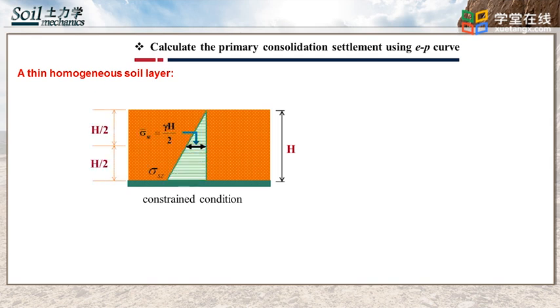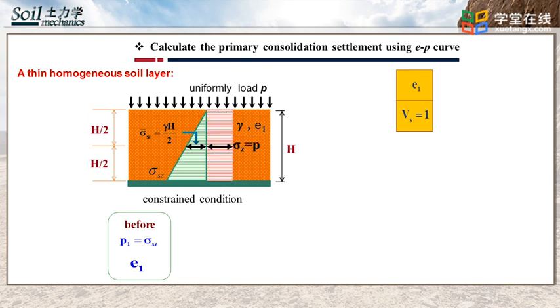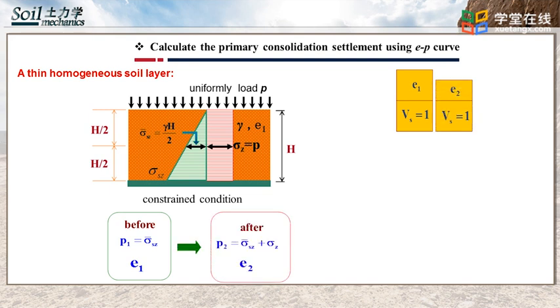The existing average effective overburden pressure is sigma_sg, and the void ratio of the saturated soil layer is e1, corresponding to sigma_sg. Then a uniform load p is applied on the soil layer, which results in an increase of effective pressure, sigma_z, in the ground soil. The void ratio changes into e2 after application of the external load.